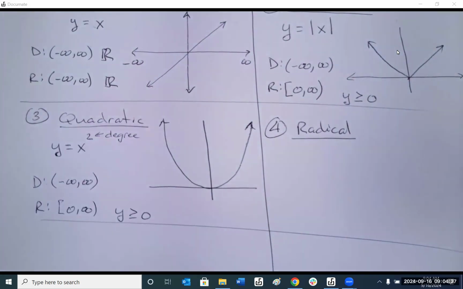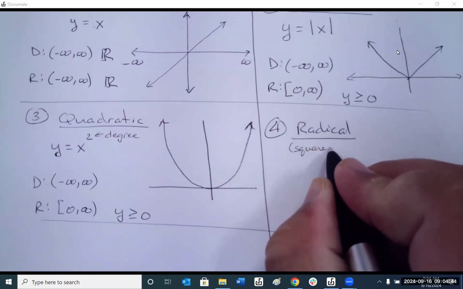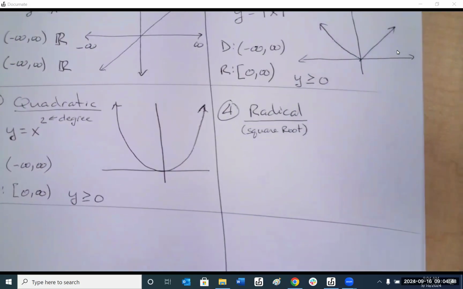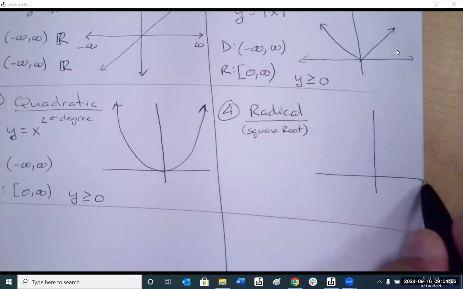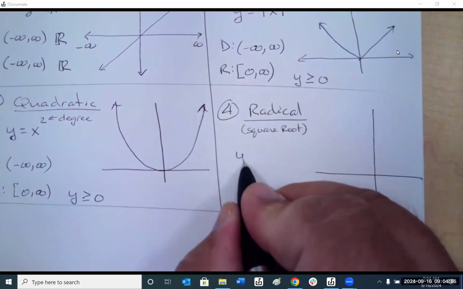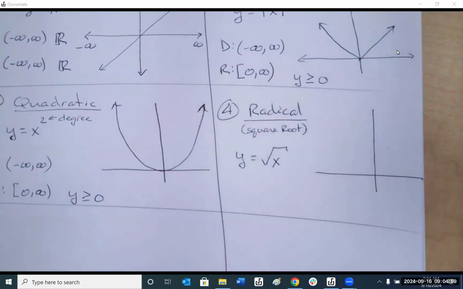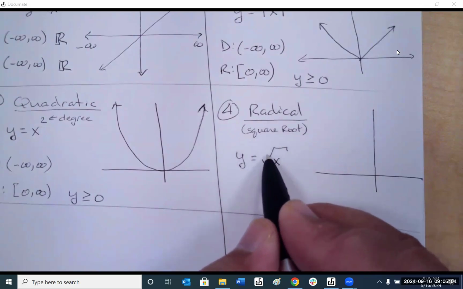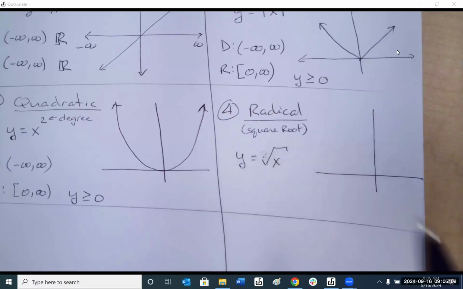Now we have a radical. This one is called a square root. It looks like this. The reason it's called a square root is because there's an invisible 2 right there.